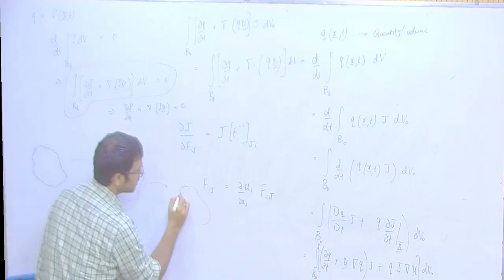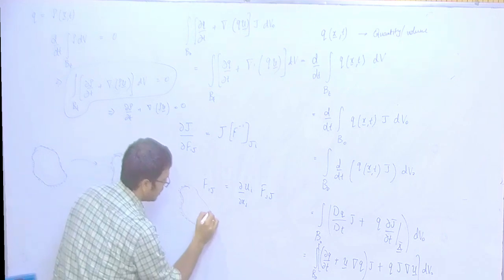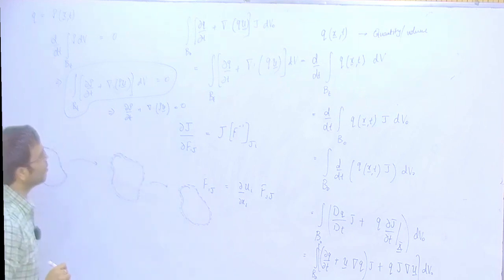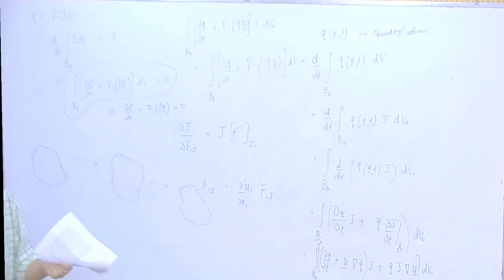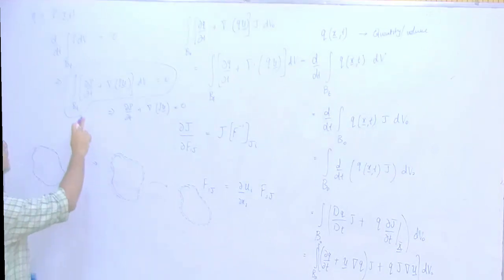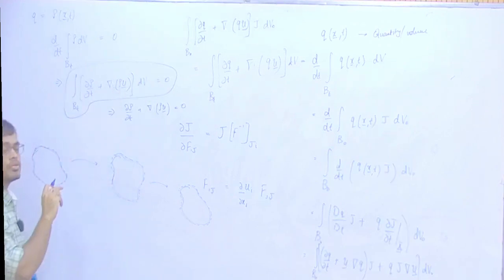If there is a shape or a volume that is deforming with the blob, you could either integrate over the volume or the shape, it doesn't matter, they are the same. But this distinction becomes important because you can derive a similar form of the equation for an arbitrarily deforming control volume.